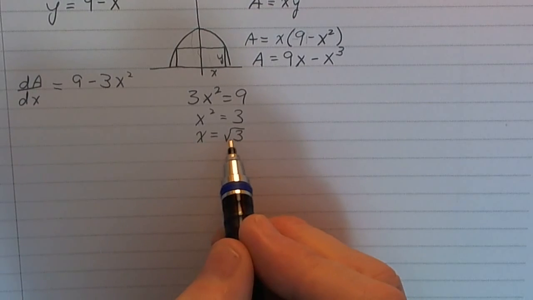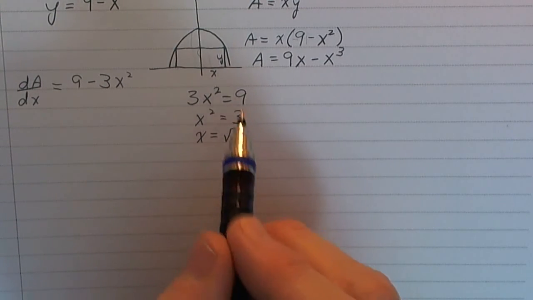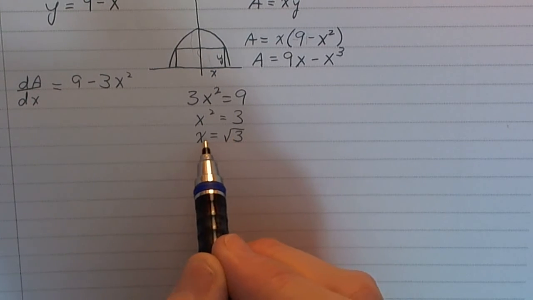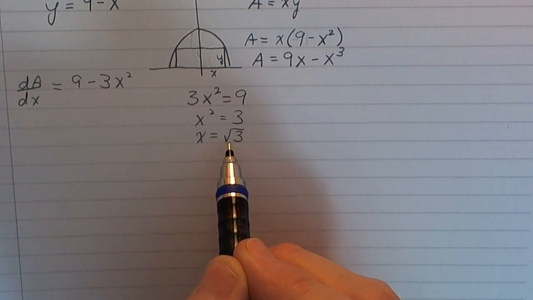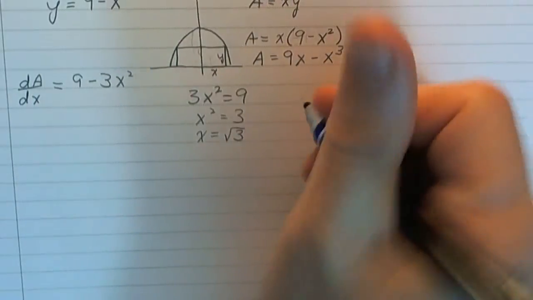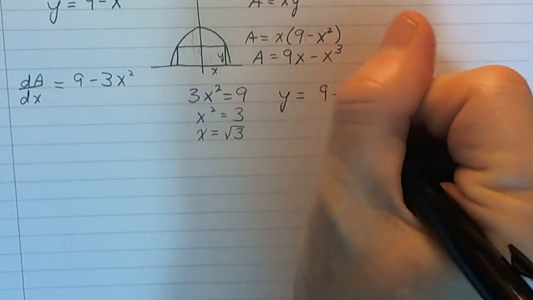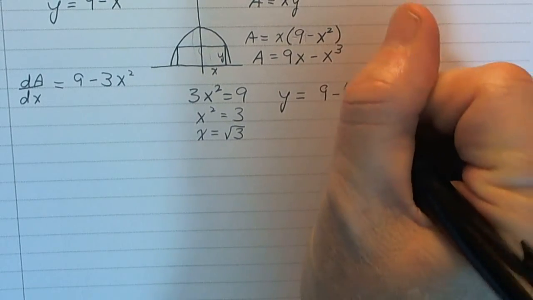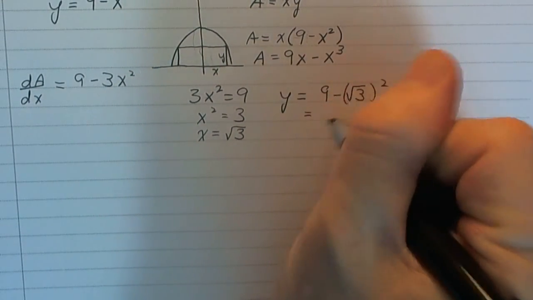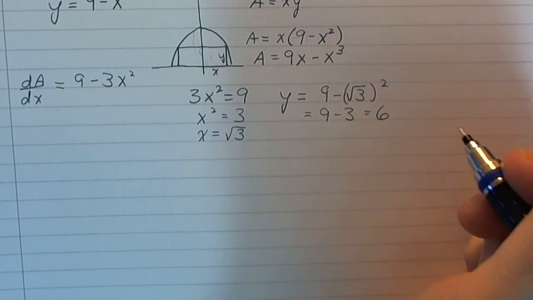Well, it looks like we found what we're looking for. We found what will give us the optimal area, when x is equal to the square root of 3. Now let's find out what y is in that case. So y is equal to 9 minus the square root of 3 squared, which gives us 9 minus 3, which equals 6.